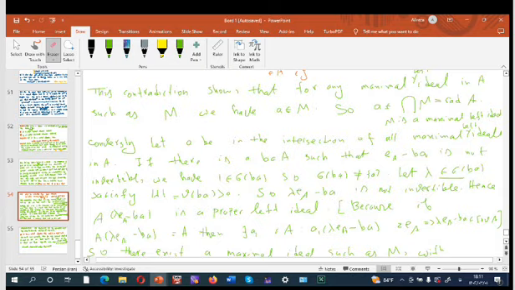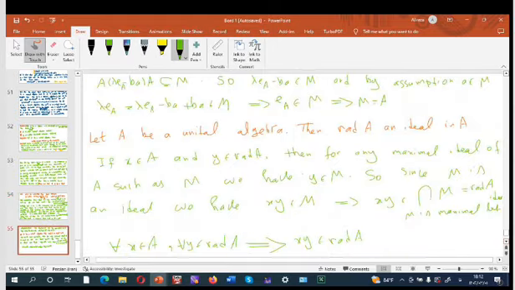This is equal to EA, so that this must be invertible, and also we can omit this A, and this proof is complete. Okay.